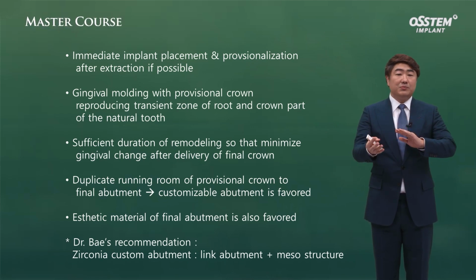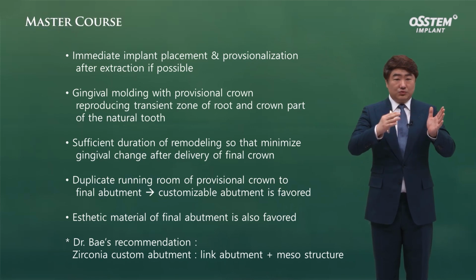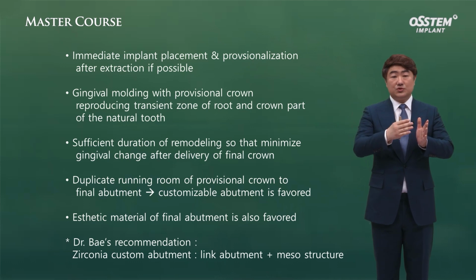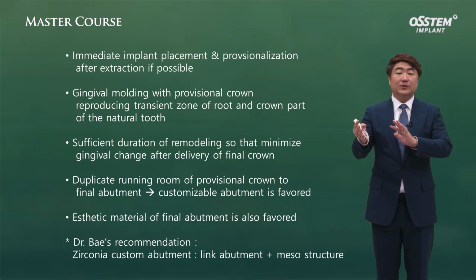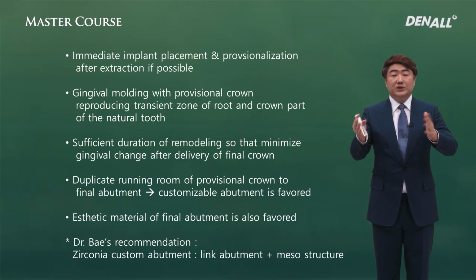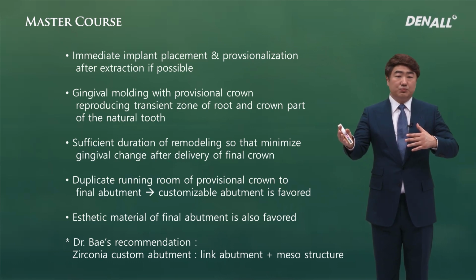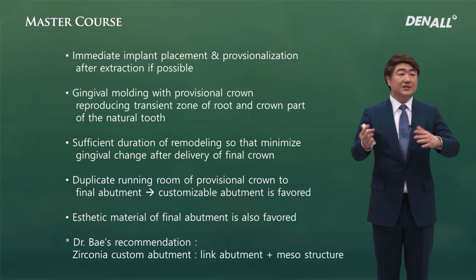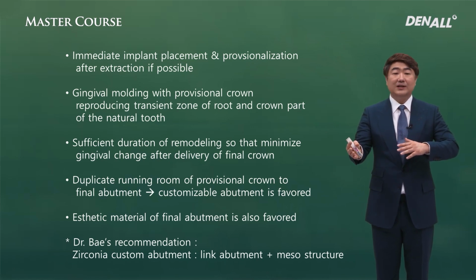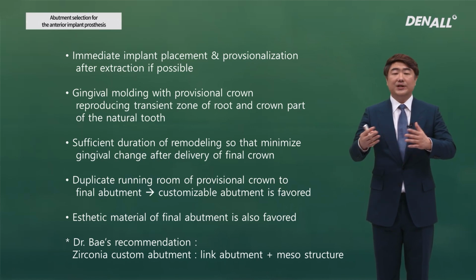The root and crown transition zone should be reproduced as much as possible in the screw type temporary, and you also have to allow sufficient time for remodeling. Once you think the gingiva has stabilized, you take the impression for the final abutment.